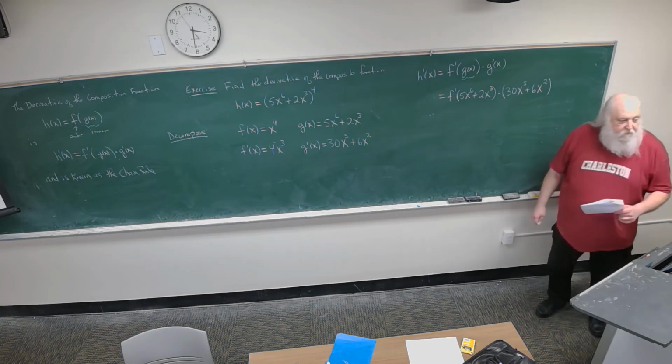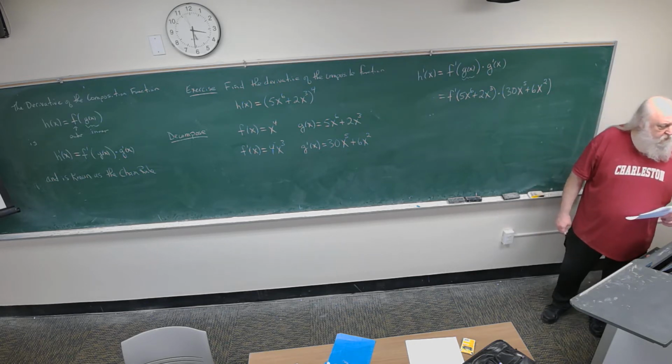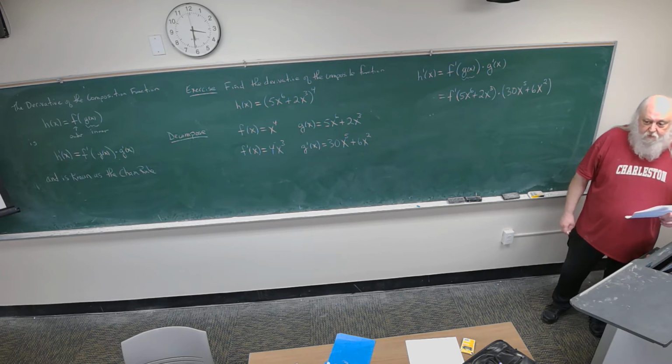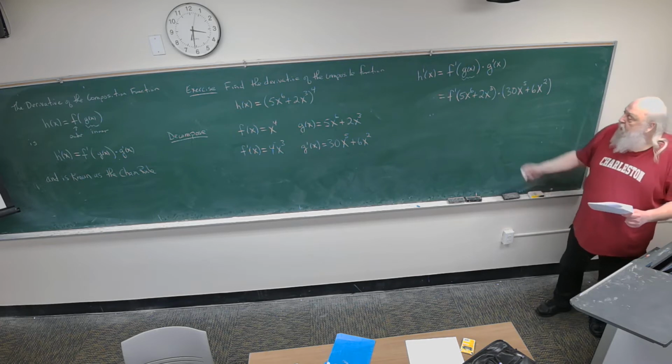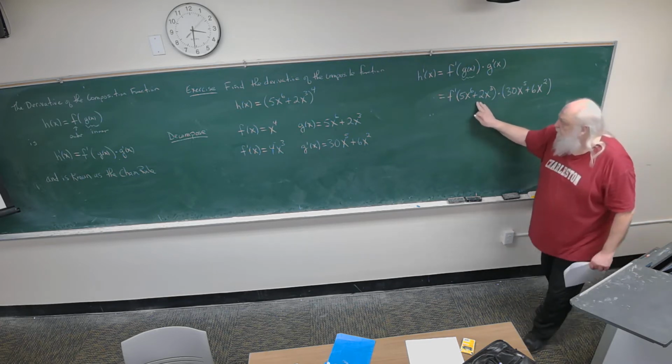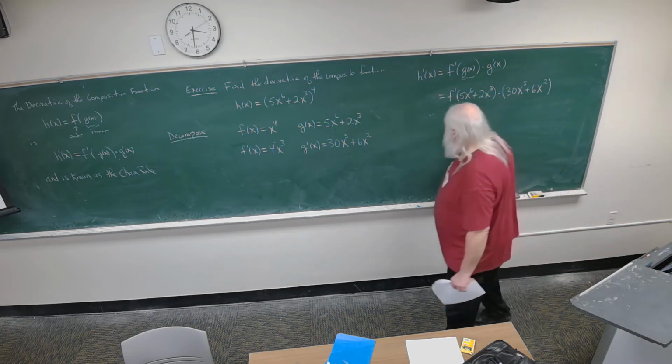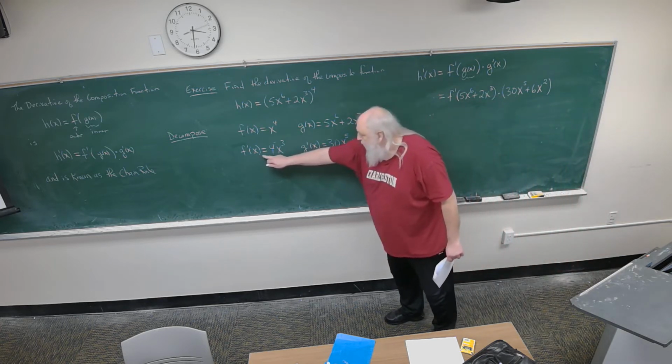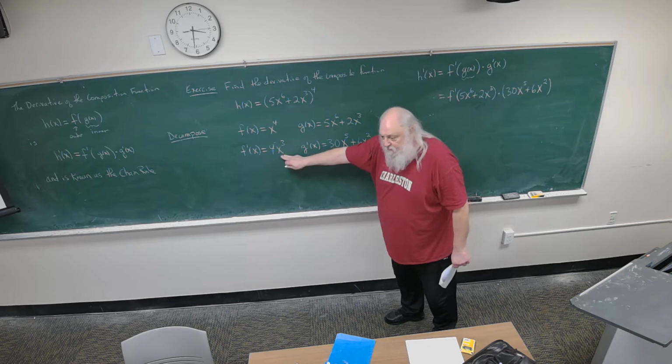Are you with me so far? Am I losing you? If I'm losing you, say something so we can back up and review. Okay. So f prime evaluated at 5x to the 6 plus 2x cubed. We put 5x to the 6 plus 2x cubed in for x on the right-hand side of f prime of x.